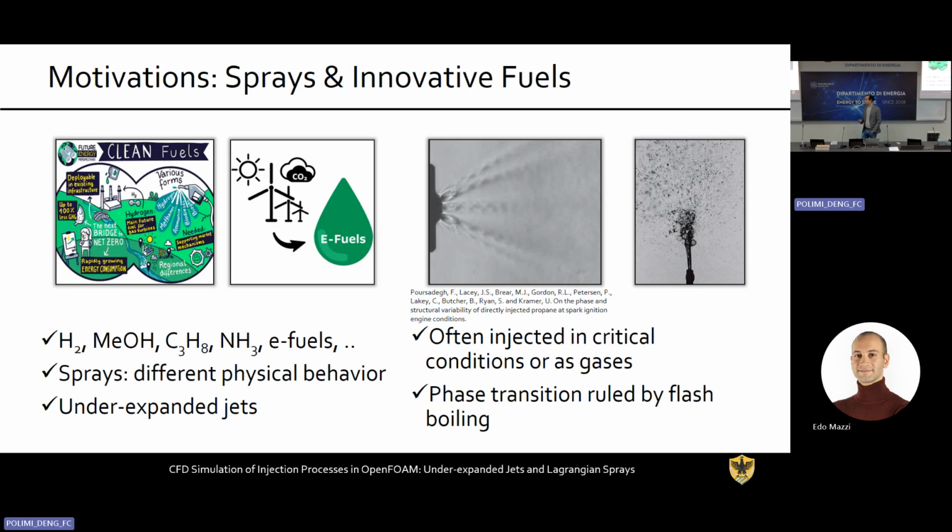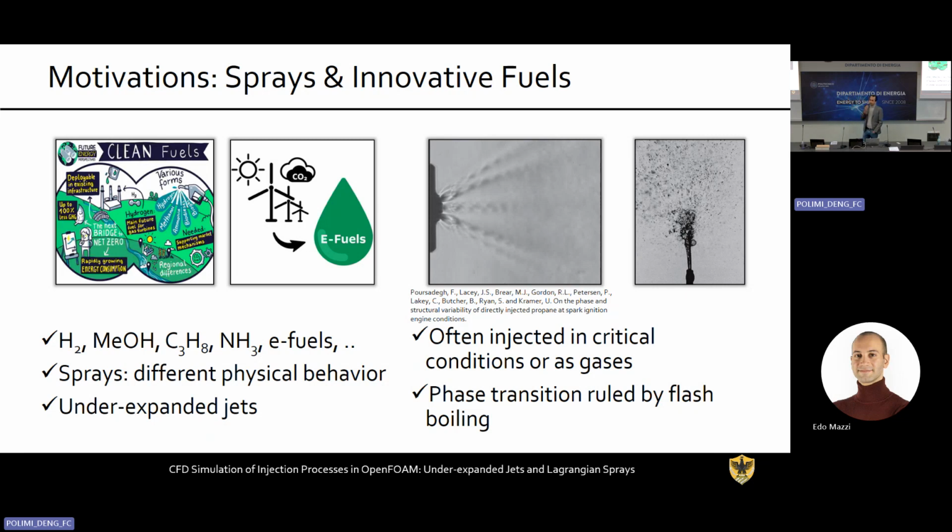We have to understand if we have to resolve or not these under-expanded jets, to understand if these shock structures, shock waves influence the air-fuel mixing, the mixture formation.